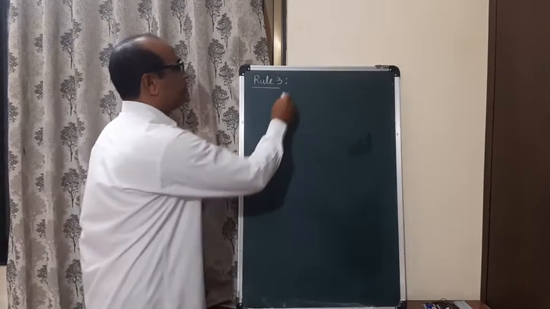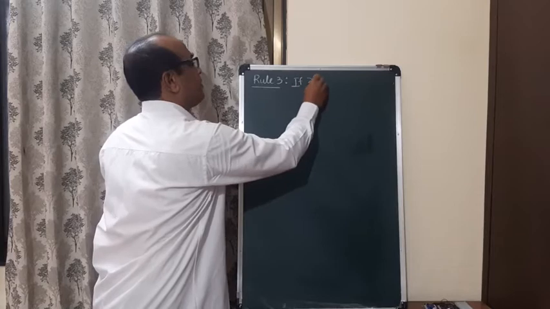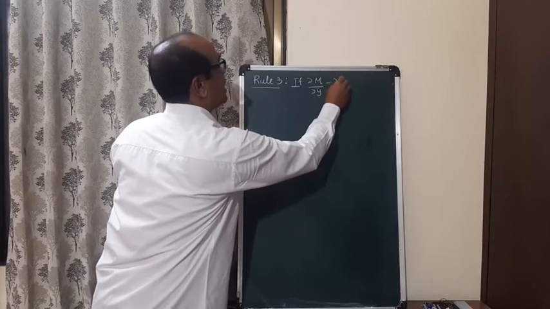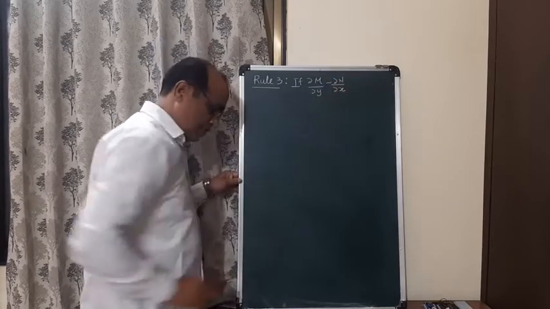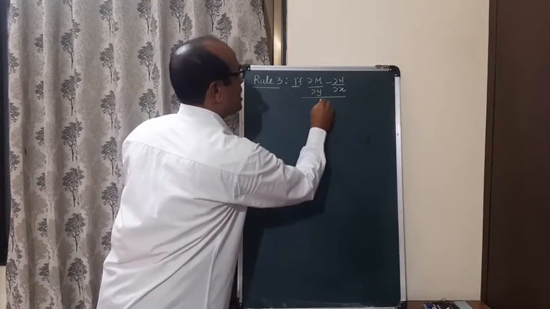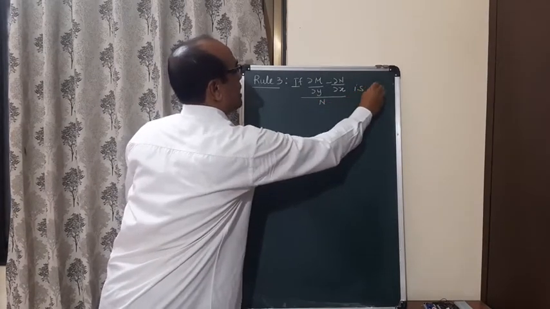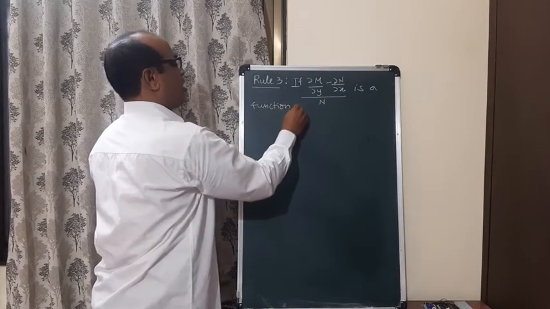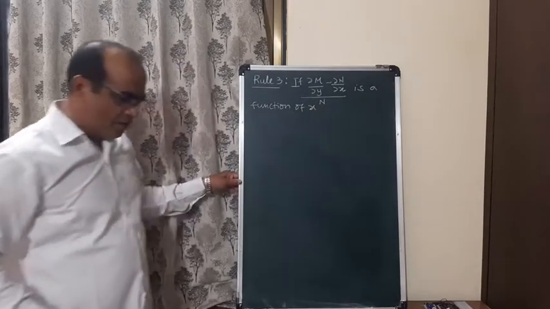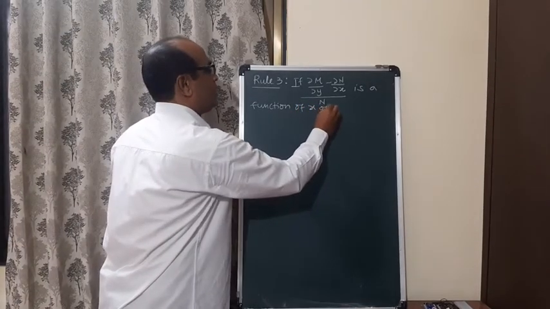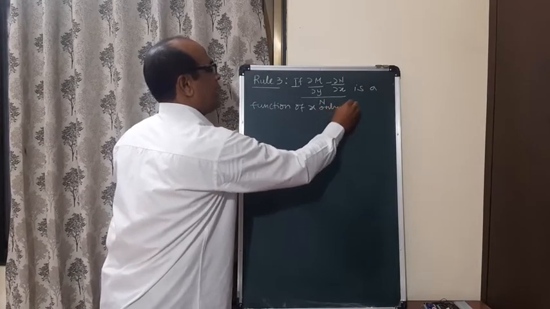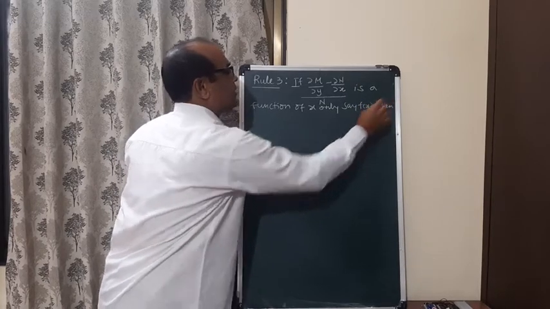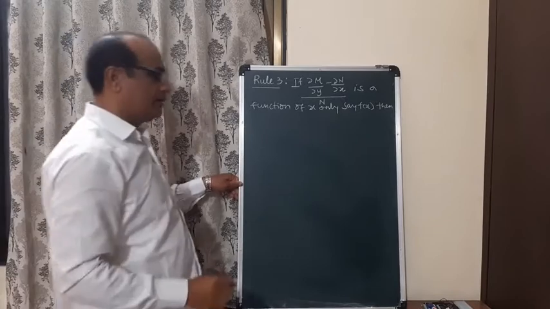Okay, so if ∂M/∂y minus ∂N/∂x, divided by N, is a function of x only, say f(x), then what is the integrating factor?